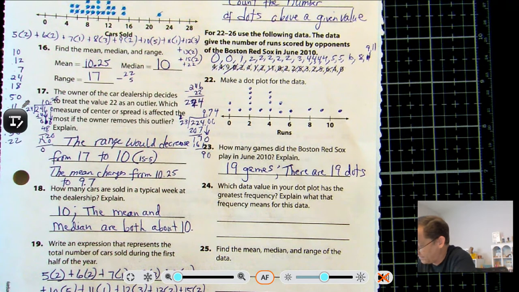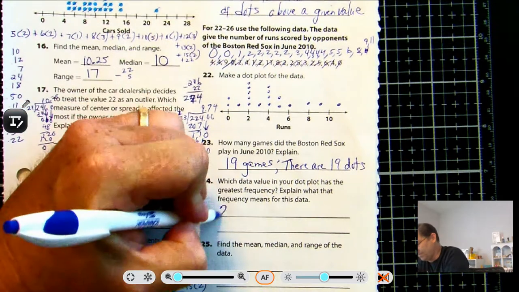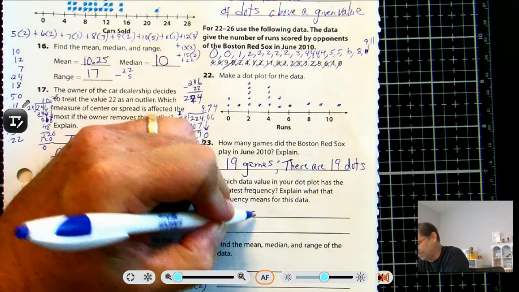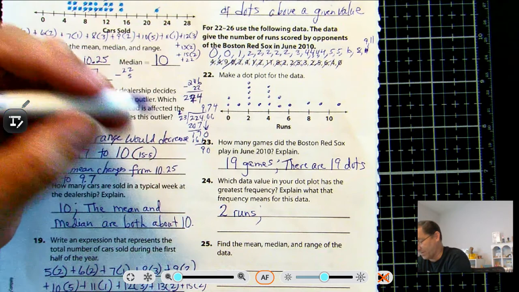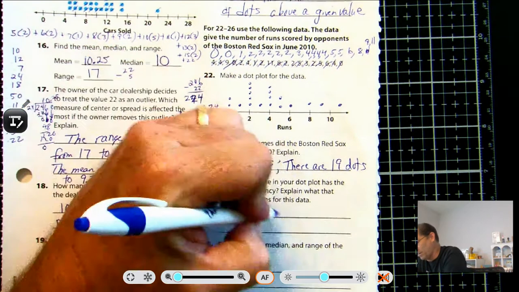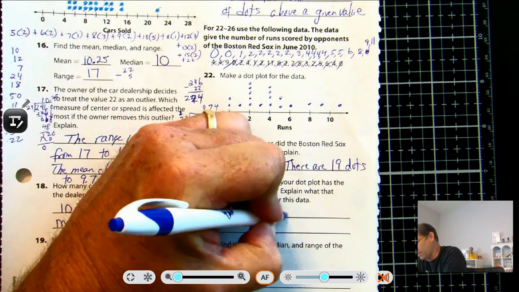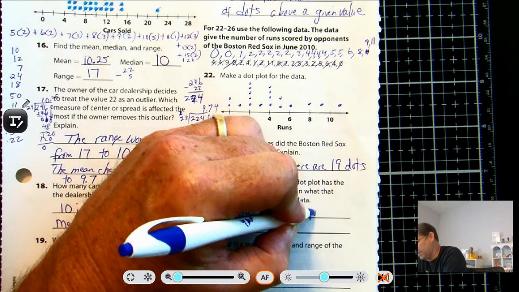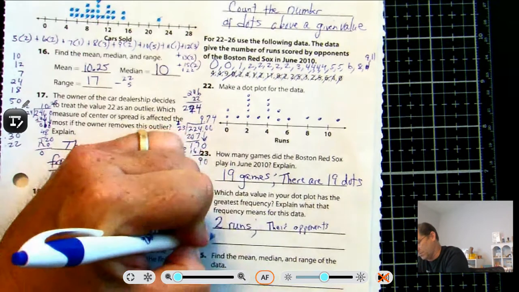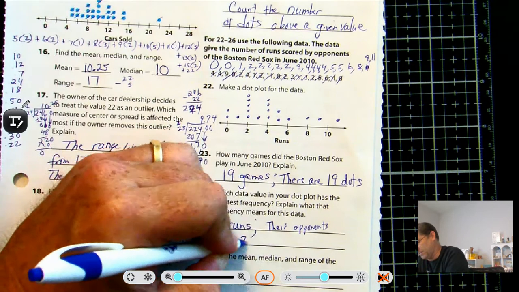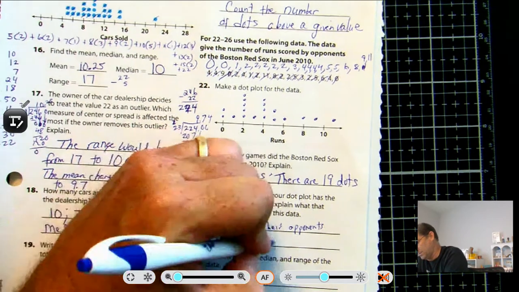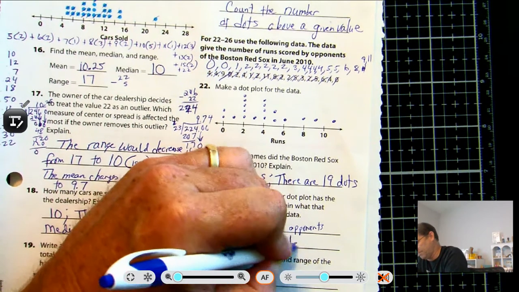Which data value in your dot plot has the greatest frequency? 2. Their opponents score 2 runs in the most games.